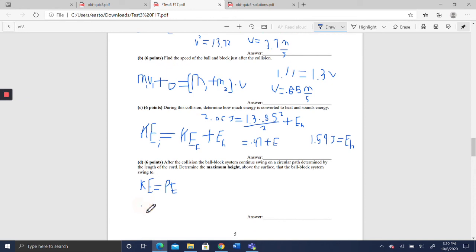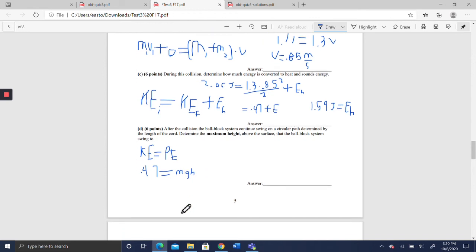So we have 0.47 is equal to PE, which is mgh. And remember, our mass is now 1.3.